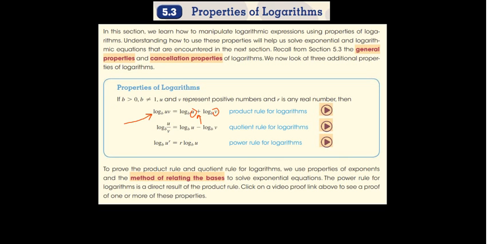So if we are multiplying, then we have the addition sign. And then, of course, if we are dividing, if we have some u over v, then we're going to be using the subtraction sign.